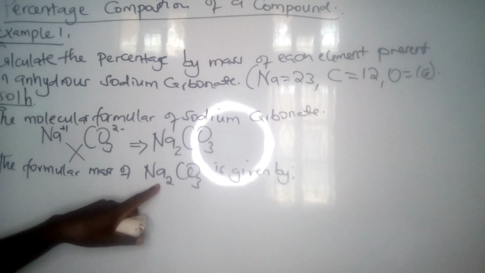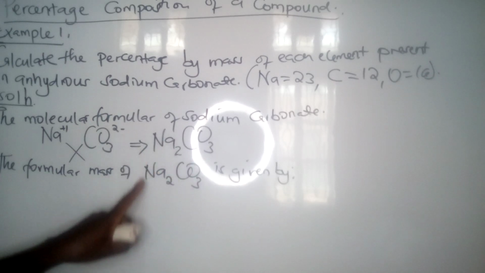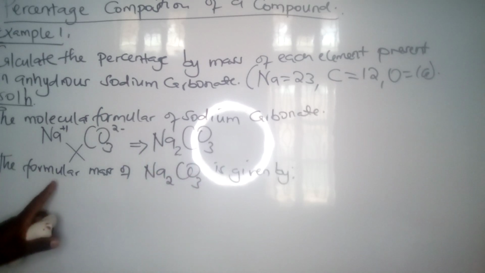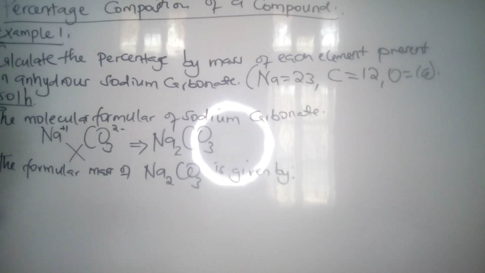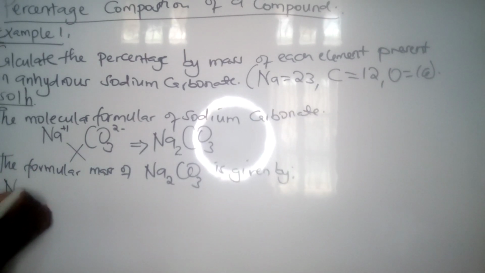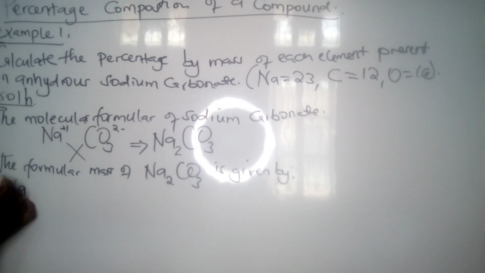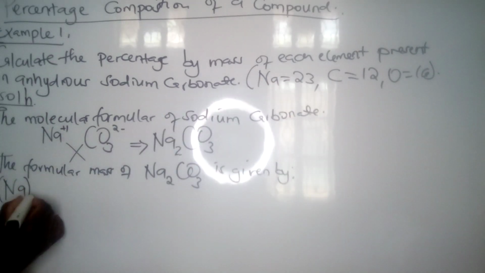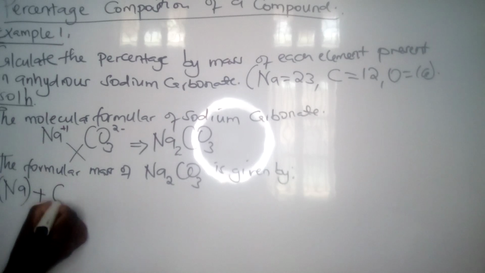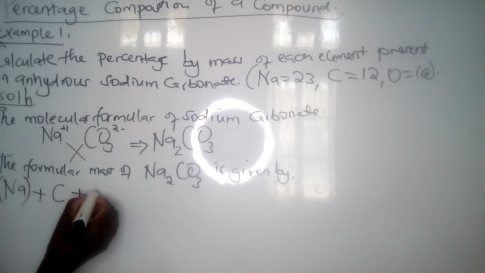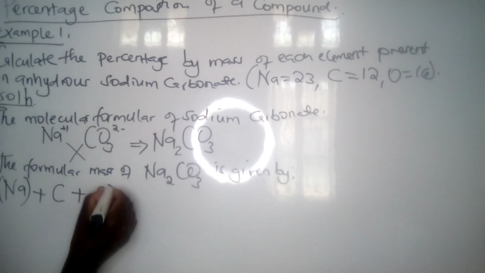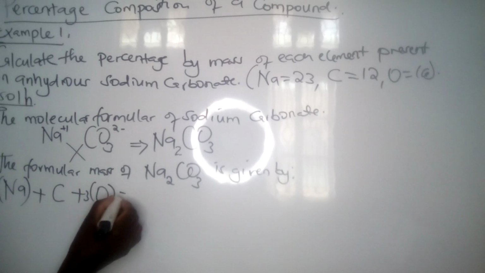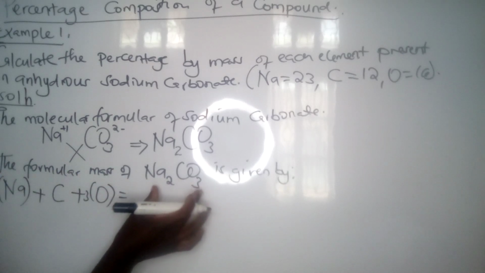It is the mass of each and every element present in this compound adds up to the formula mass. So we have sodium, and there are 2 sodium, so it is the mass number of sodium multiplied by 2, plus the mass number of carbon, plus the mass number of oxygen, we multiply by 3. Then we'll have the formula mass of sodium carbonate.